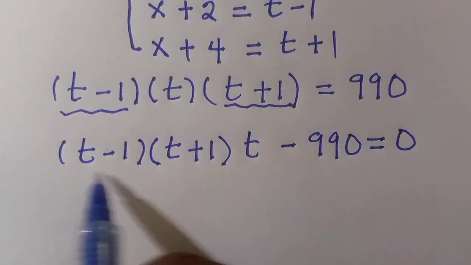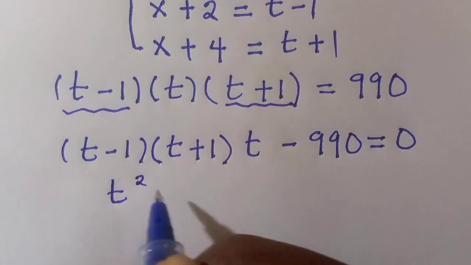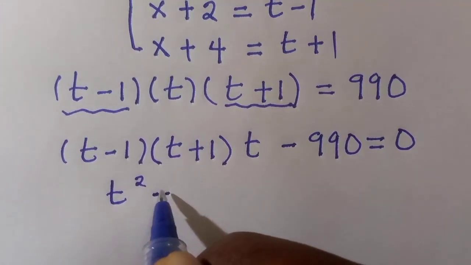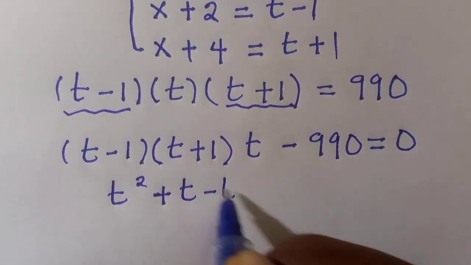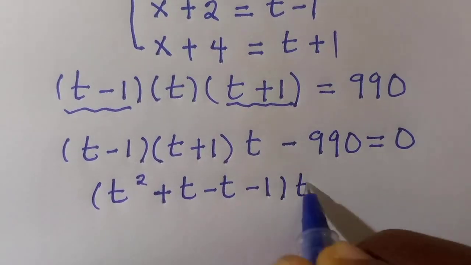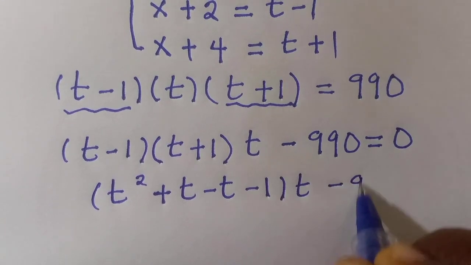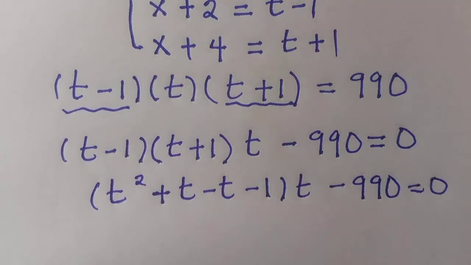Next, when we expand this, T minus 1, so we have T multiplied by T, that is T to the power of 2, and T multiplied by 1, we have T, then minus 1 multiplied by T, that is minus T, then minus 1 multiplied by 1, we have minus 1, then everything multiplied by T minus 990 equals 0.